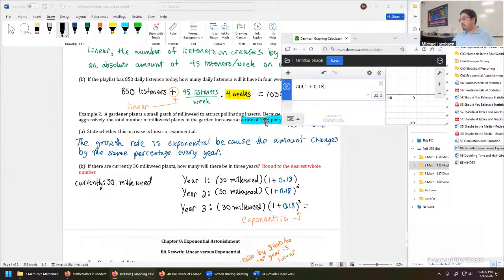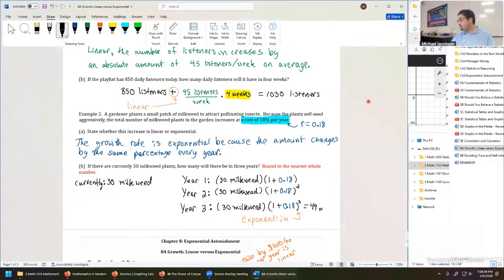All we do is we take the decimal point here, move it back 2 spots, so it's a 0.18. Raise it to the number of years in the question, whether it's 30 years or 3 years, put in that value. And to the nearest whole number of milkweed, there'd be 49 of them altogether. So 49 milkweed.